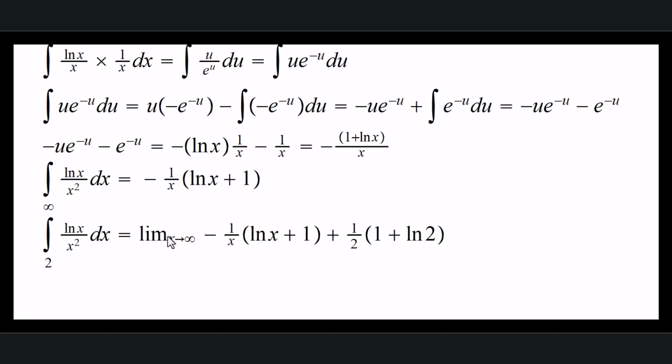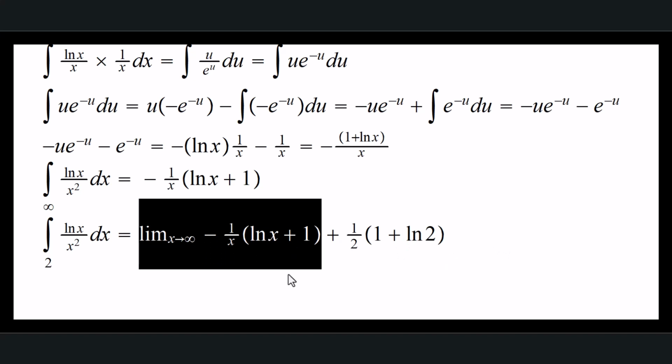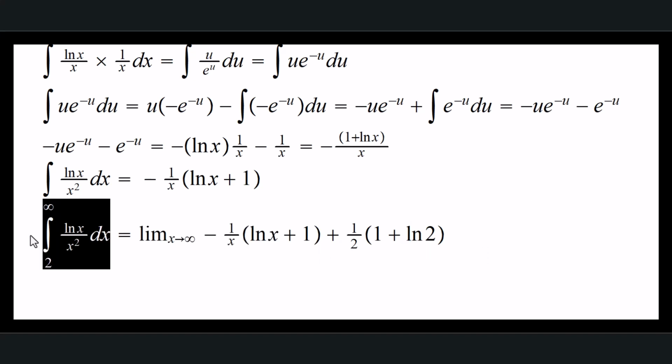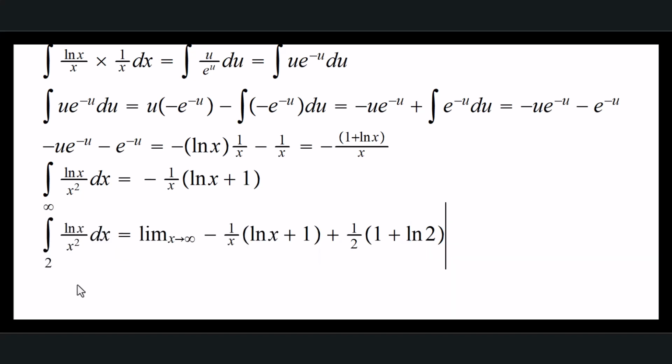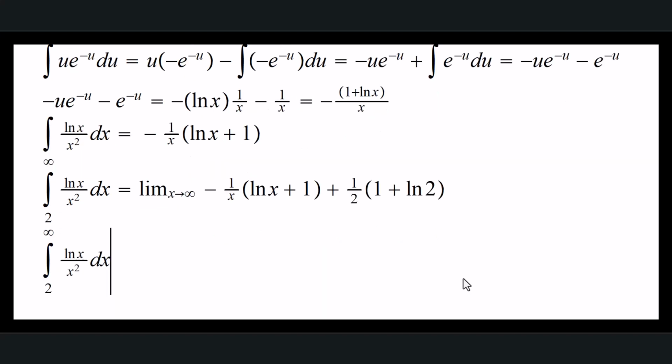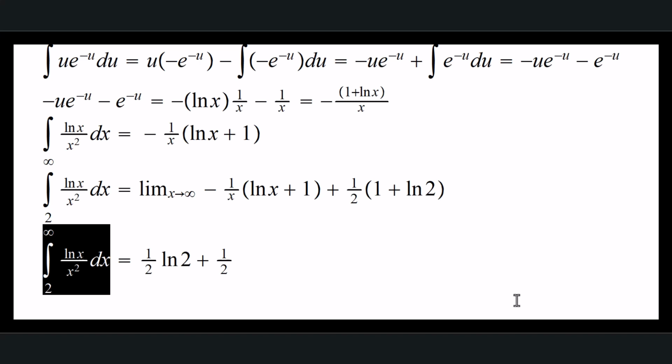All right, now for this quantity, just apply L'Hopital's rule because it is an infinity over infinity indeterminate form. When you apply L'Hopital's rule, this goes to 0, so the value will be just equal to this, and you can see that's what it is if we just distribute the 1/2. So this integral converges.